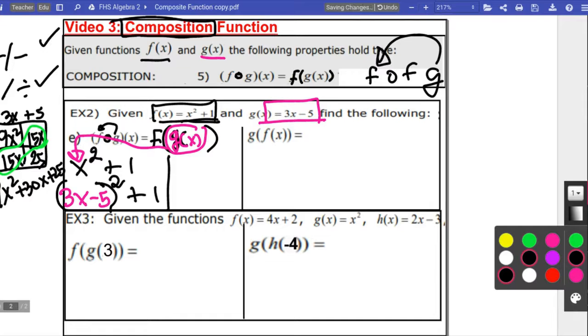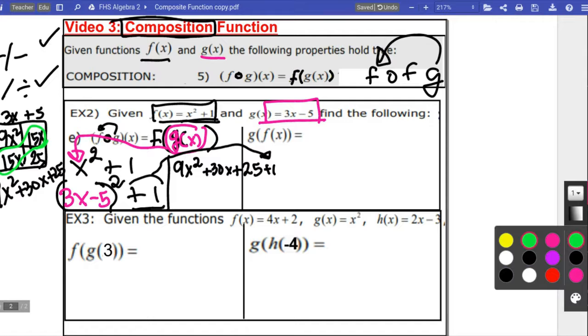I'm going to rewrite it here: 9x squared plus 30x plus 25. But let's not forget, you still have this plus 1 from the original. This plus 1, I just bump it right here. All right, so let's put things together.